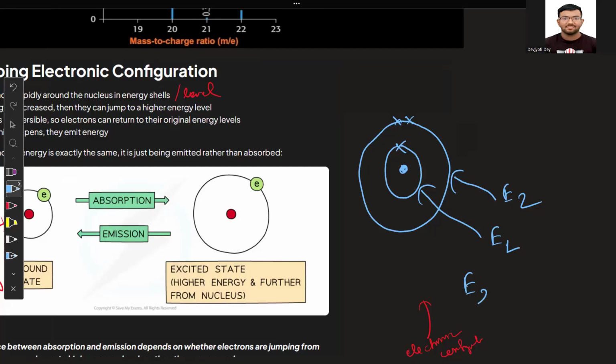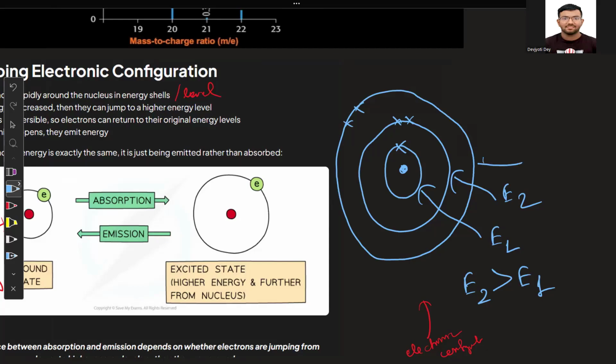So E2 is greater than E1. As you keep adding shells, whatever shell you add to the structure will definitely have a higher energy than its predecessors. Am I clear?